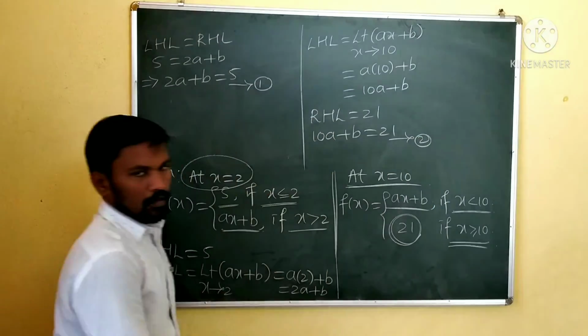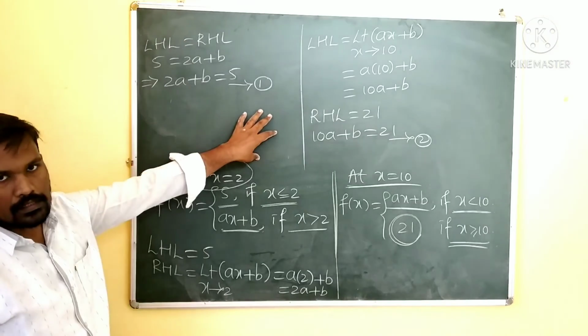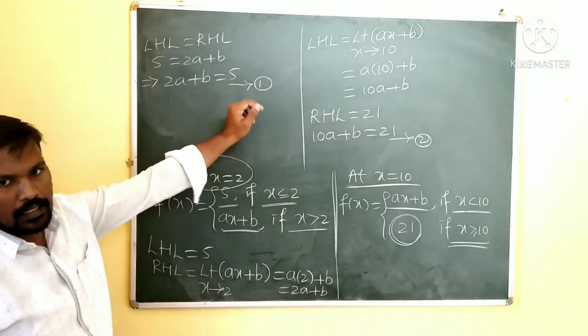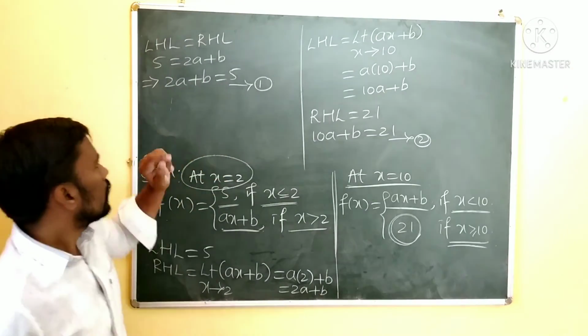Now look at equation number 1 and 2. These are linear equations having two variables a and b, so you can solve by the elimination method.